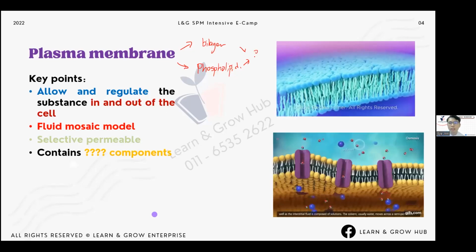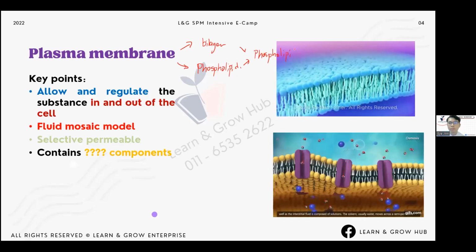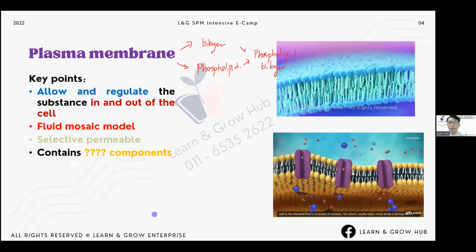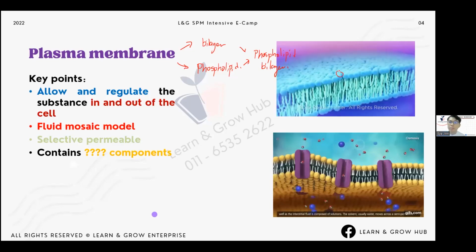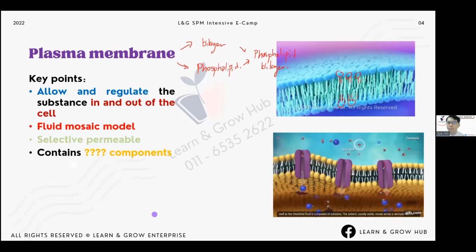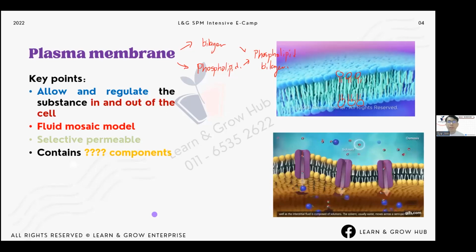So actually it's a kind of phospholipid bilayer. So from the picture you all can see on the right hand side, you can see the plasma membrane here showing a two layer of the membrane. Okay, and that's why this is the meaning of bilayer.